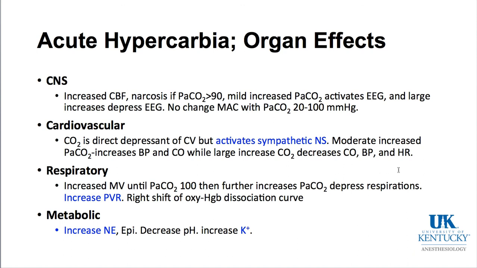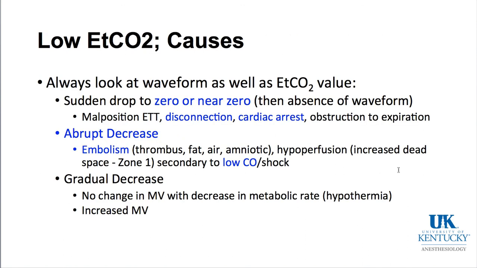There's a right shift of the oxyhemoglobin dissociation curve. And as mentioned, metabolically, norepinephrine, catecholamines go up and cause vasoconstriction and hypertension. As you get acidotic from the elevation in CO2, respiratory acidosis, remember that acidosis increases potassium levels as opposed to alkalosis, which decreases potassium levels.